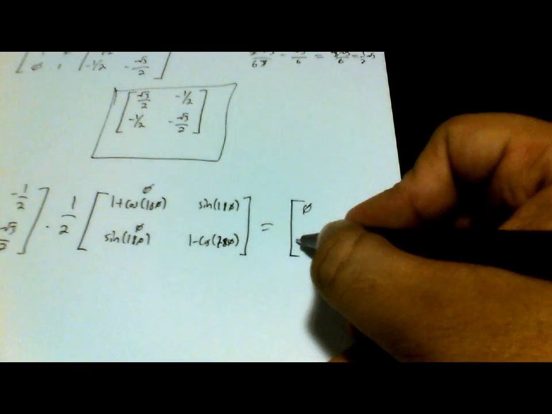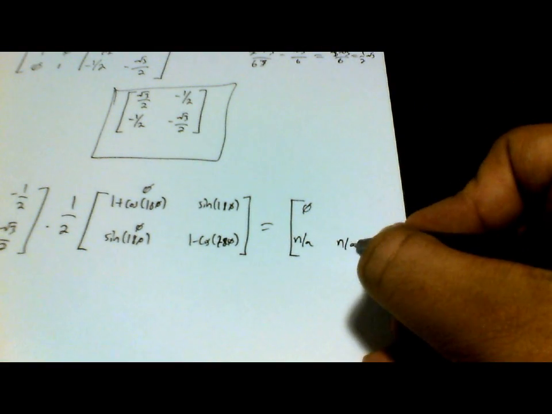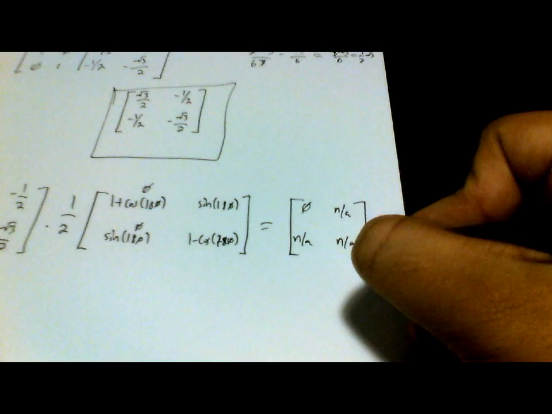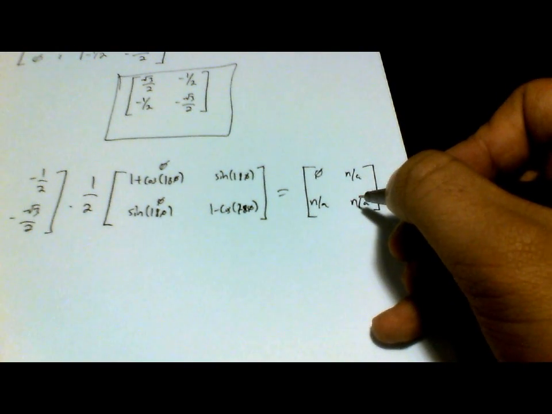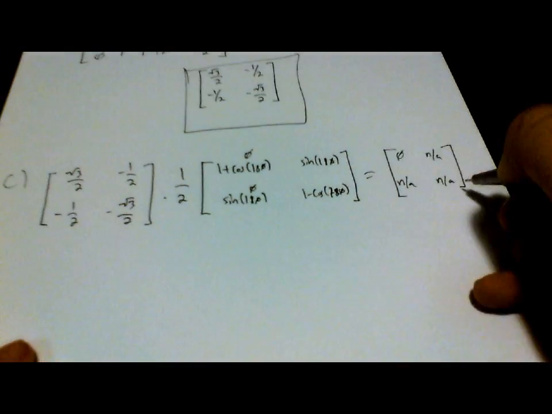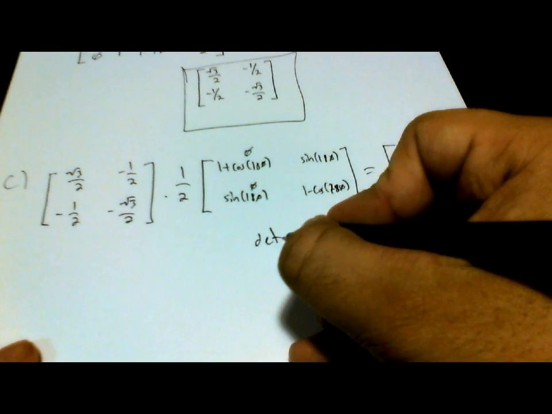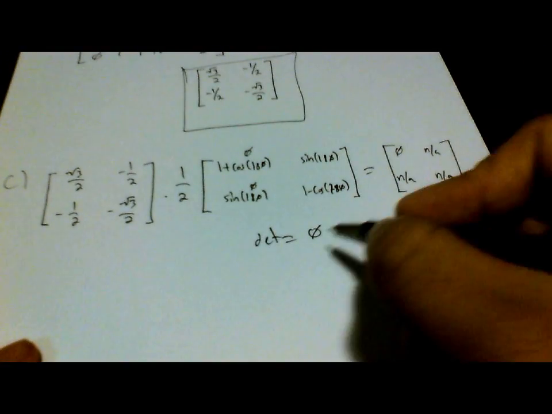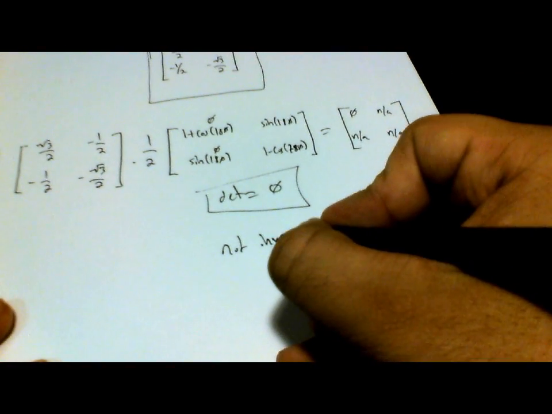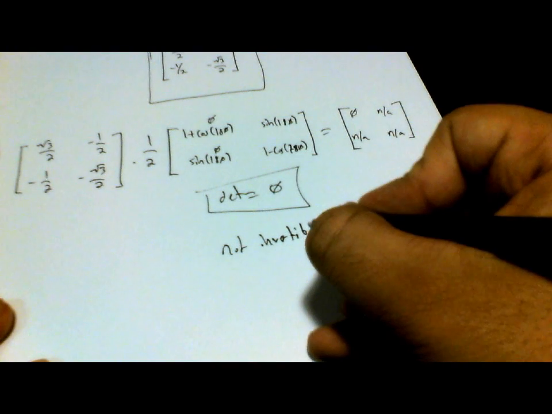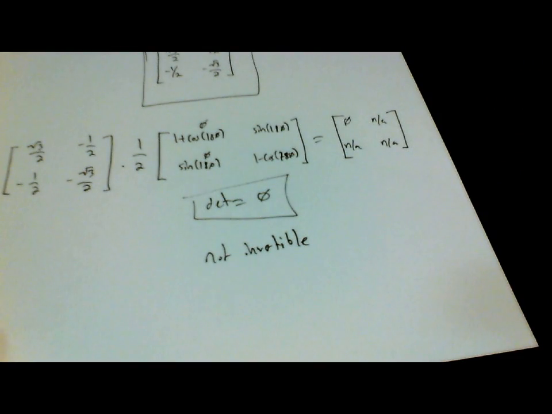And actually, we don't even care about the rest of the entries. Because since the determinant is a product of the diagonals, it doesn't matter what the bottom right number is, the determinant is going to be 0. So, not invertible. And that is how you do question 4.